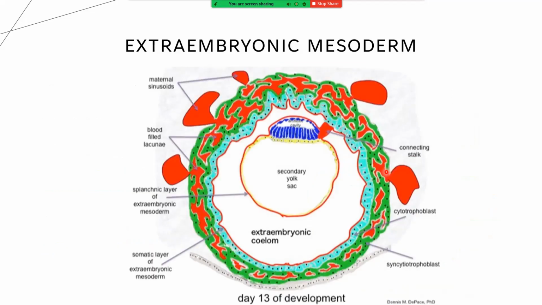The extraembryonic mesoderm became two parts. The part lining the secondary yolk sac is known as the splanchnic layer of extraembryonic mesoderm, and the layer lining the cytotrophoblast and the amnion is known as the somatic layer of extraembryonic mesoderm.